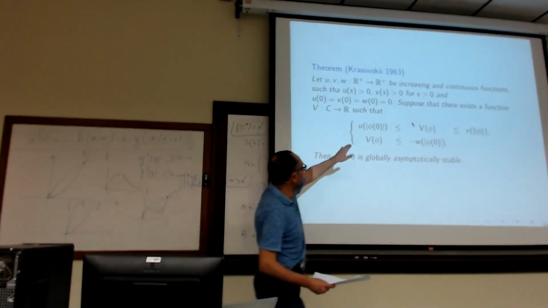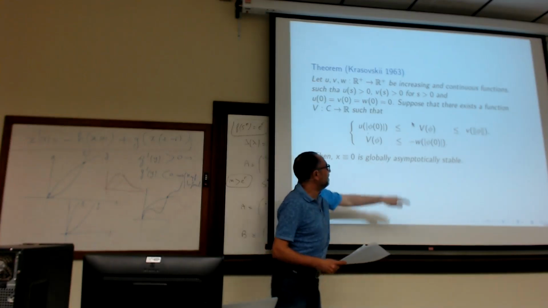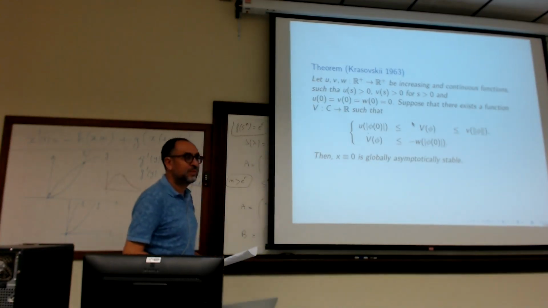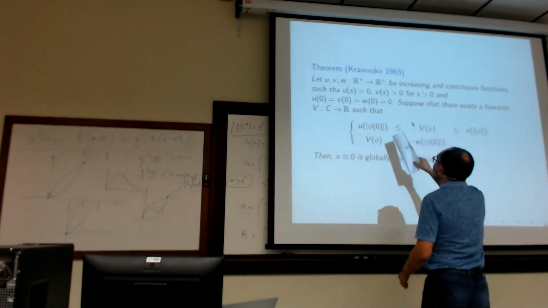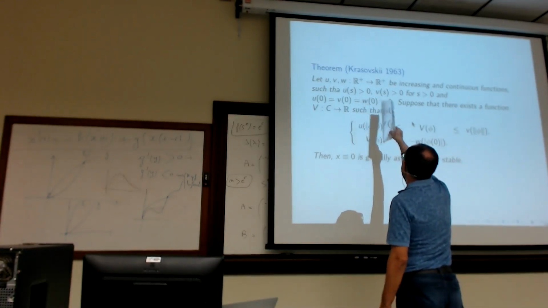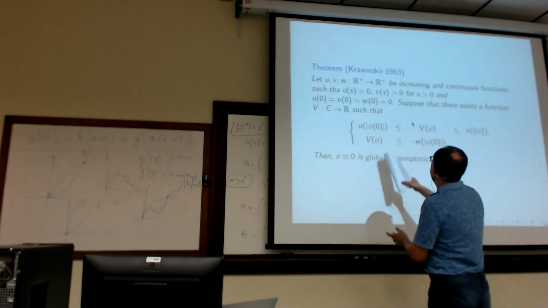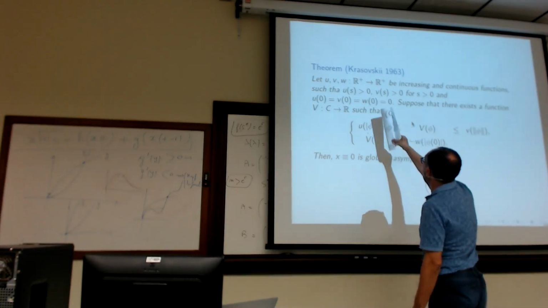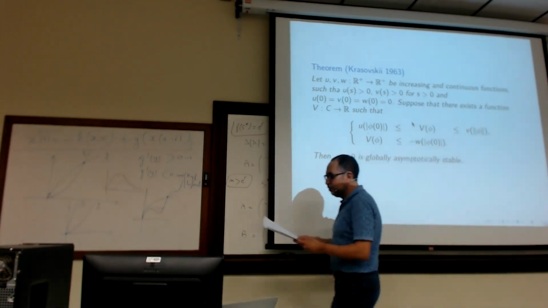You have to satisfy these conditions to have a global stability of steady state. That means your Lyapunov function has to be between two functions, u and v, and the derivative has to be less than another function w that is increasing and satisfy this. I will give you some examples.